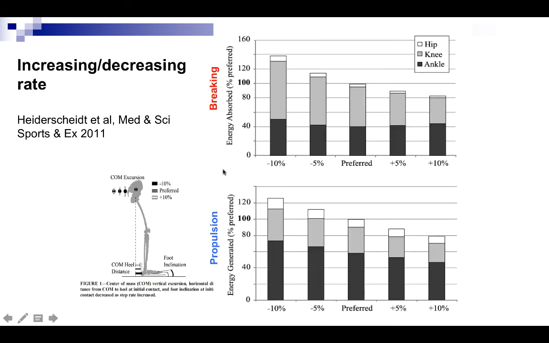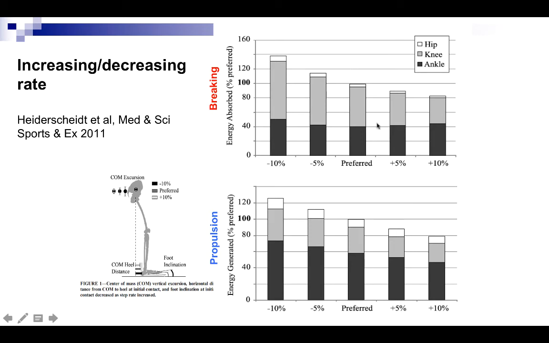So another question to ask is: is there flexibility in rate or stride length at a common speed? This was done in a paper by Heiderscheit et al. in 2011, which has been widely published and discussed. What we see here is changing stride rate when speed is held constant.